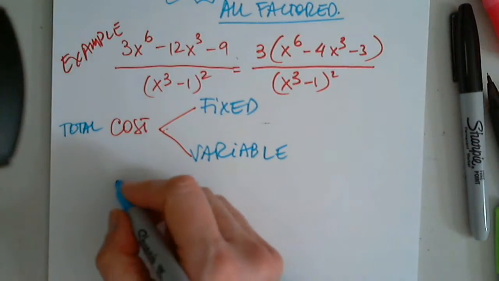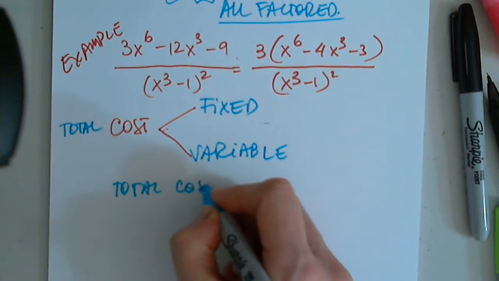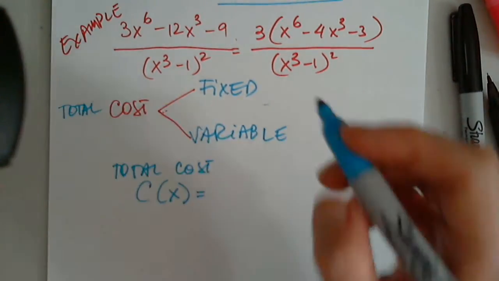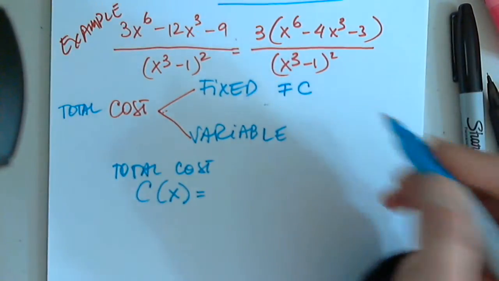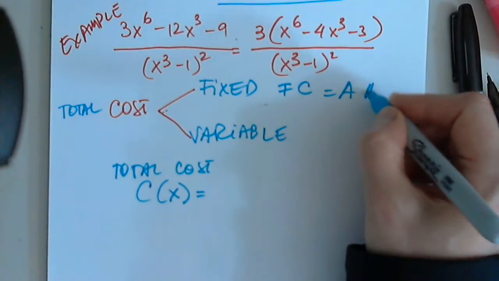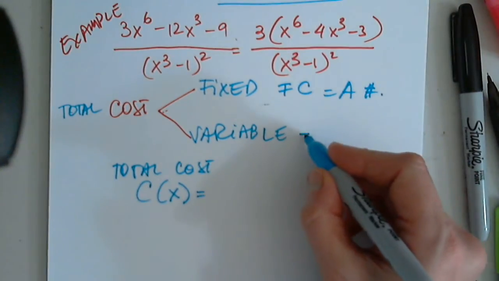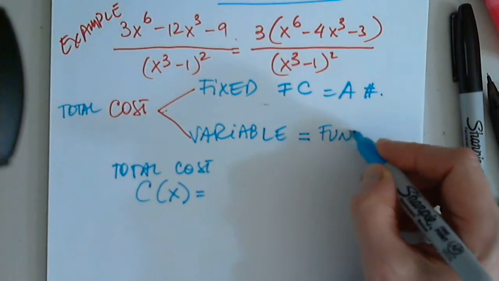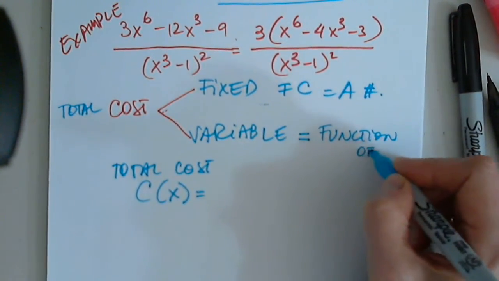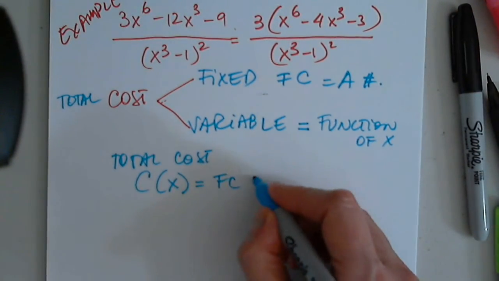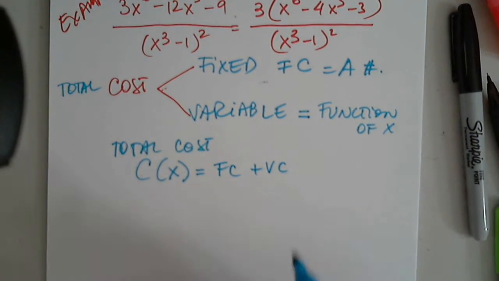So the total cost, C of x, fixed cost, we normally denote it by, it doesn't matter really, it's just a number. The variable cost is a function of x. So the total cost will be fixed plus variable cost. But this is a function of x and this is a number.